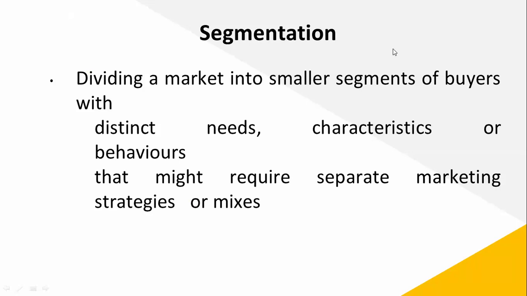These small sets of buyers have distinct needs, that means equal or more homogeneous needs, characteristics and behavior, right? So then we can make separate, specifically designed marketing mix strategies for this set of customers, right? So this is segmentation.